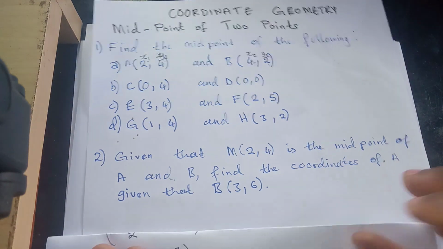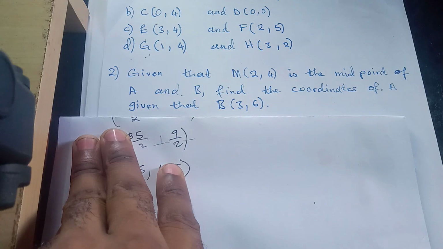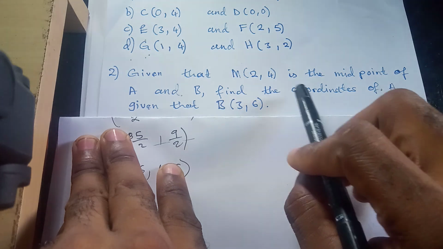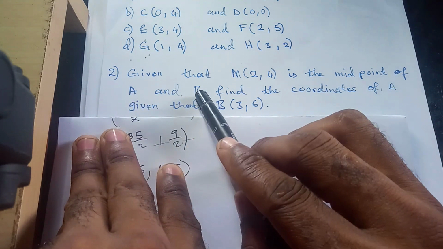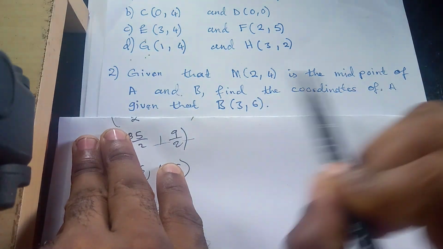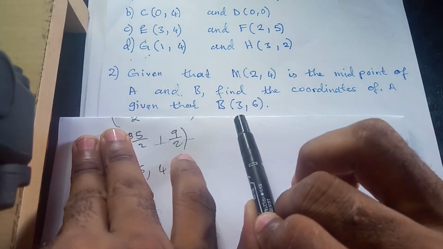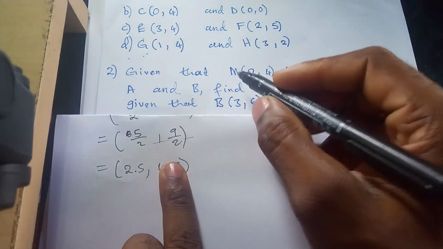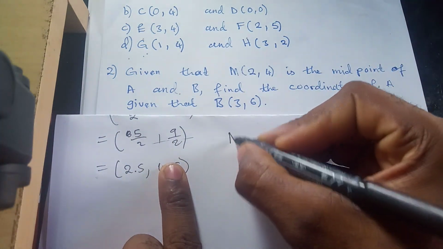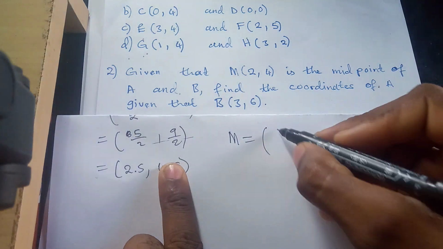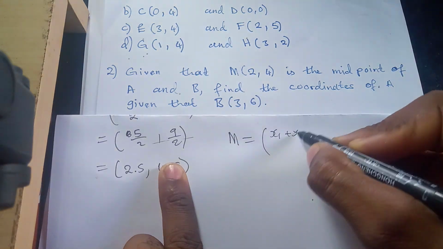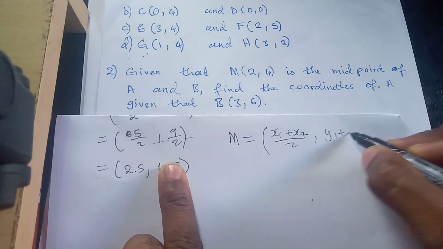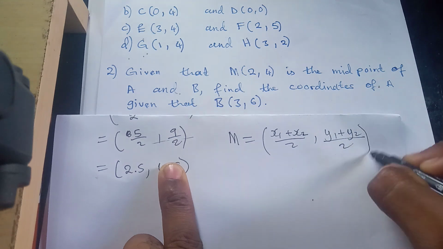So on question 2, given that m, which is 2, 4, is the midpoint of A and B, find the coordinates of A given that B is 3, 2. So in this case, we have been given the midpoint. Remember, the formula is like this: x1 plus x2 divided by 2, then y1 plus y2 divided by 2.